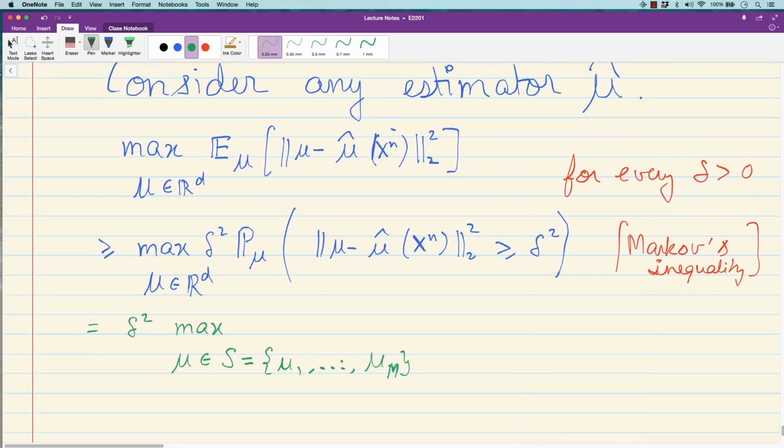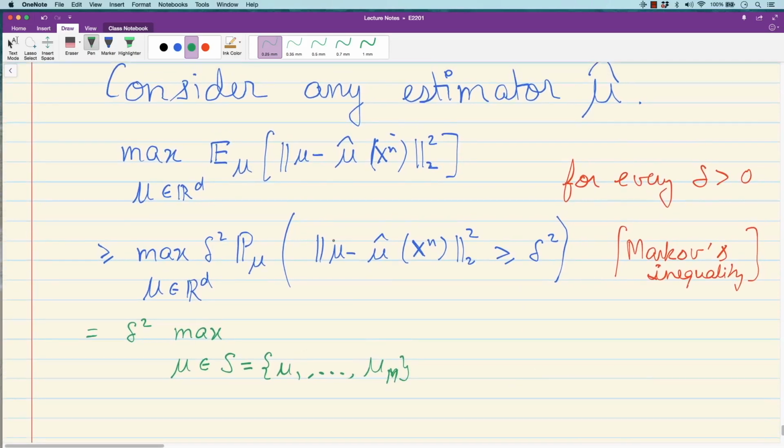What we are trying to come up with here is a difficult case which this estimator cannot resolve. So what is this? Now this is max over mu of this probability of error.